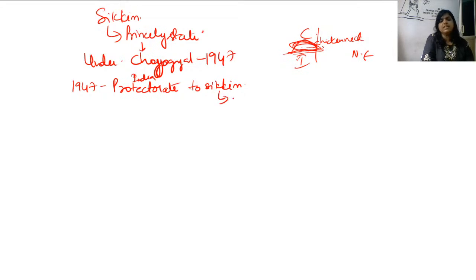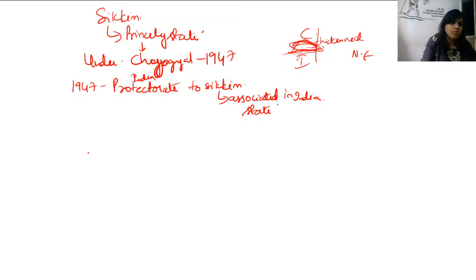So Sikkim was given more of an associated state status in India. The Chogyal requested the Indian government, and they both signed an MOU.